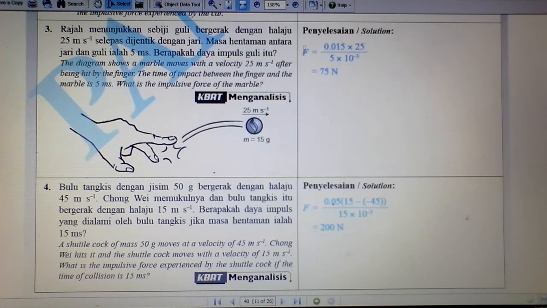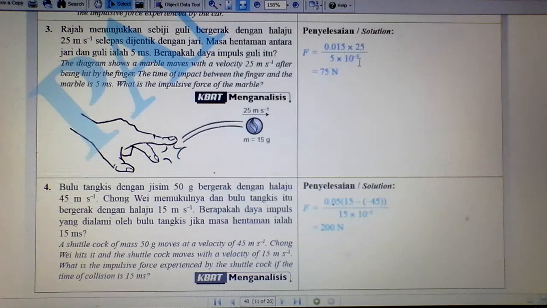So here there's some steps that were skipped, so you can write again. F equals mv minus mu divided by t. You can just substitute the values here. For mu, it equals 0, so we have mv only here. So 0.015 times 25, direction to the right, taken as positive, divided by 5 milliseconds.